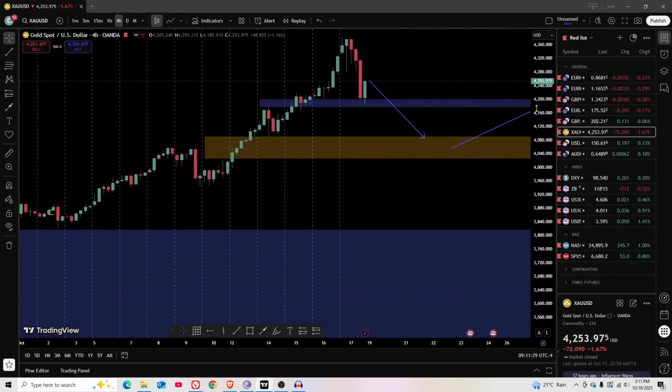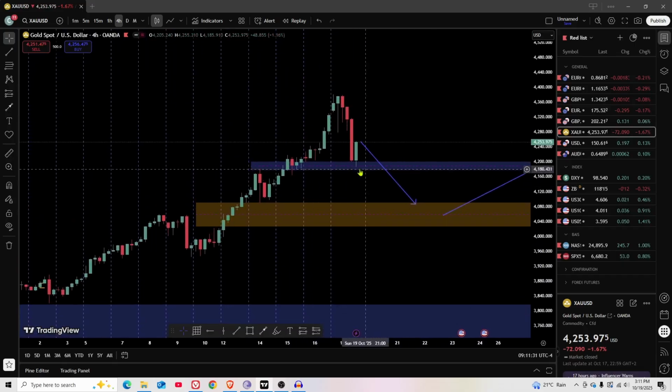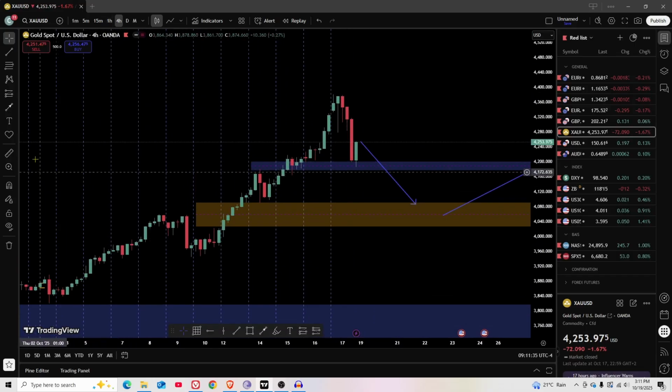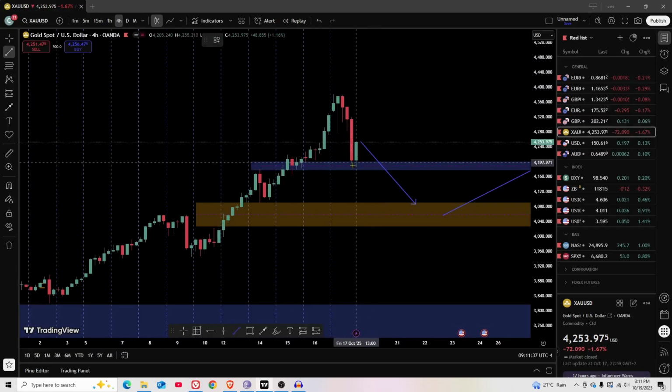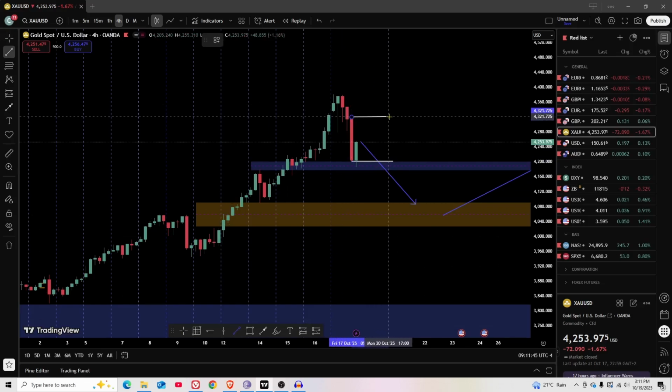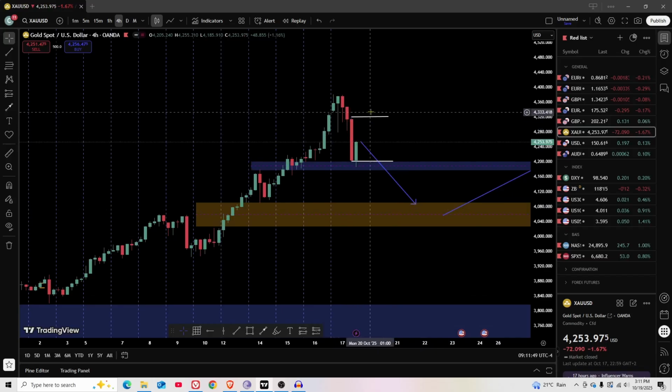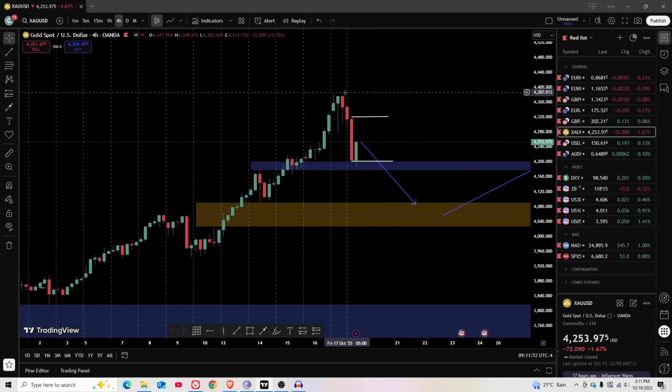Coming back to this area, you will notice that the market tapped into a key level, then marked the low of the CRT and the high of the CRT. Our next target is that if the market gets there and closes above, then our next area of interest is that one.